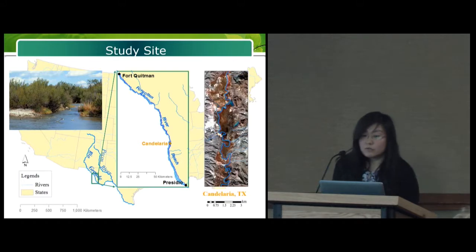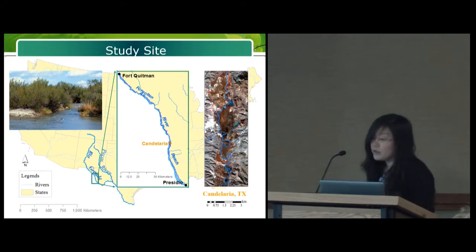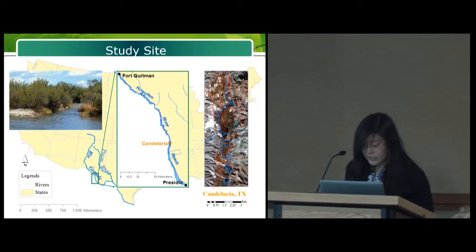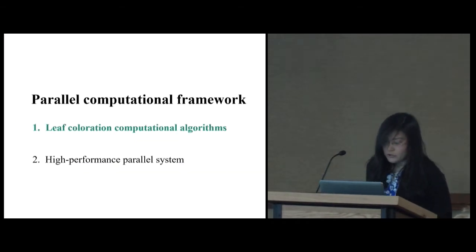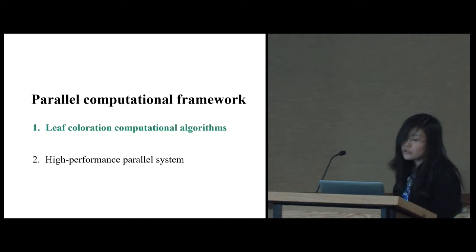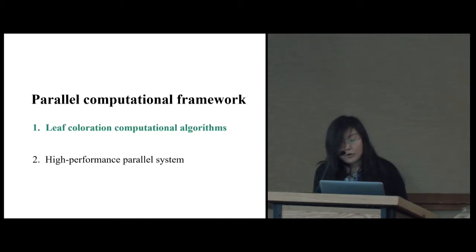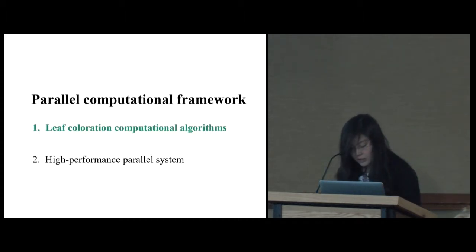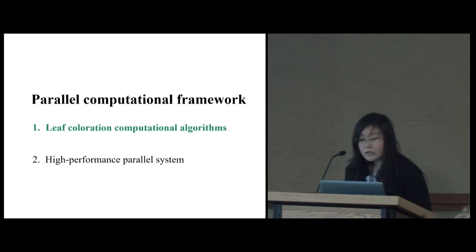So this is one satellite imagery example we acquired for this area. First, I will briefly introduce the leaf coloration computational algorithms we have developed in order to know, for every year and every place, when the Saltcedar will change its colors.